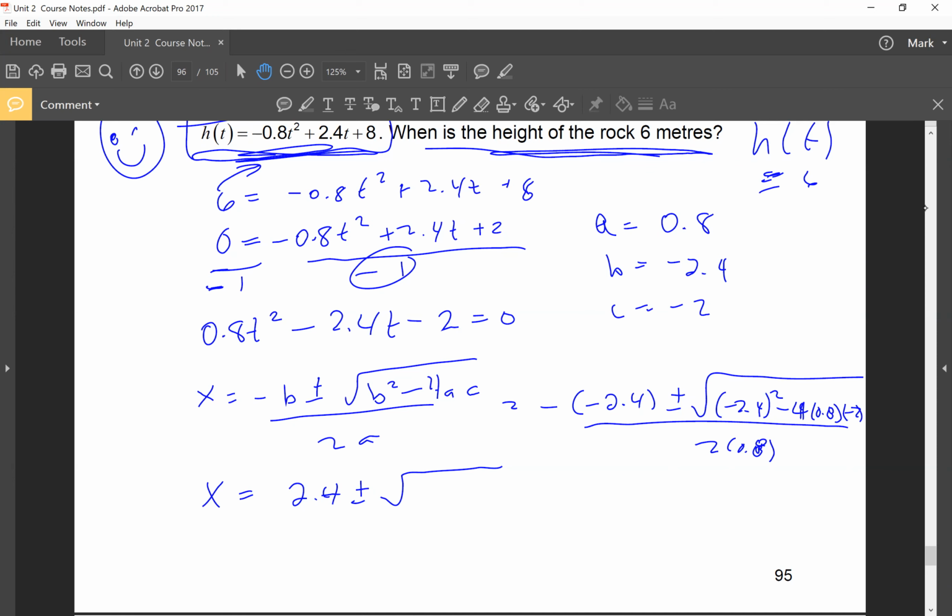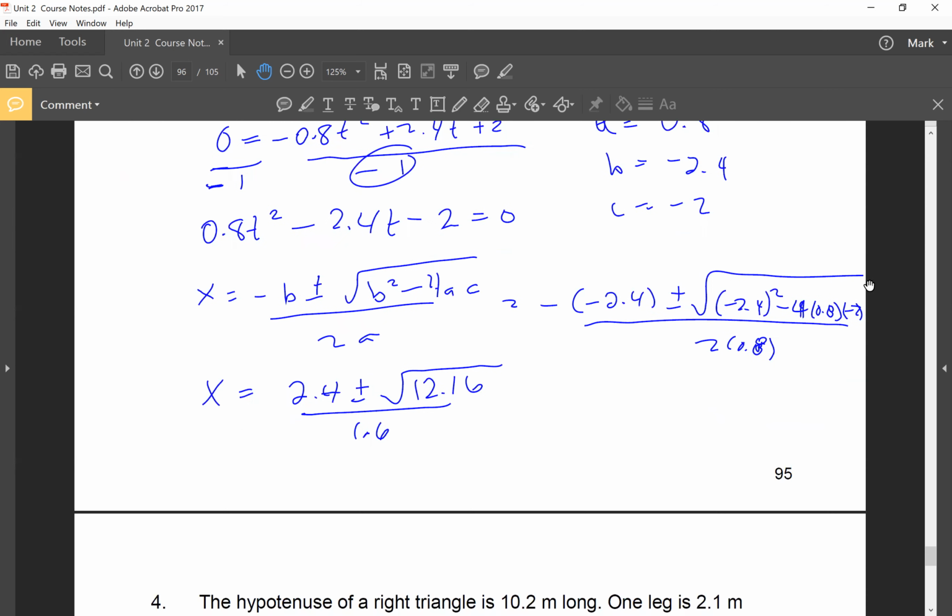Yes. Okay. So what I get here is 12.16 over 2 times 0.8, which is 1.6. So my answers are x equals 2.4 plus root 12.16 over 1.6.